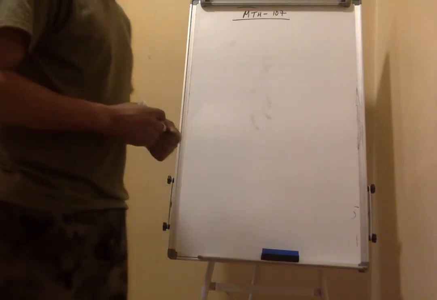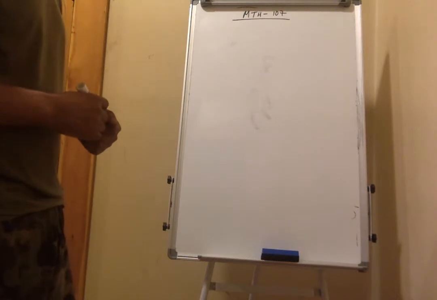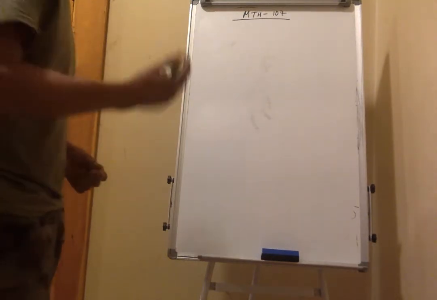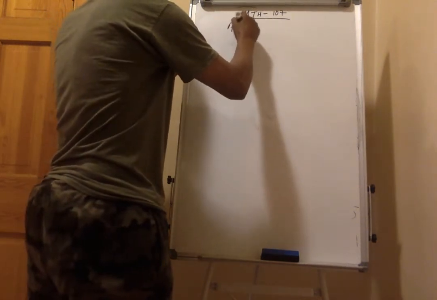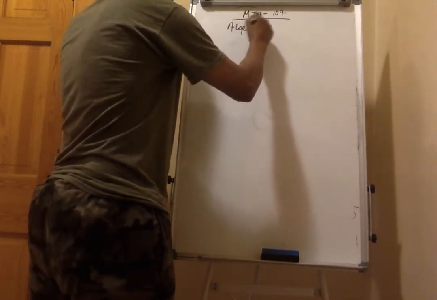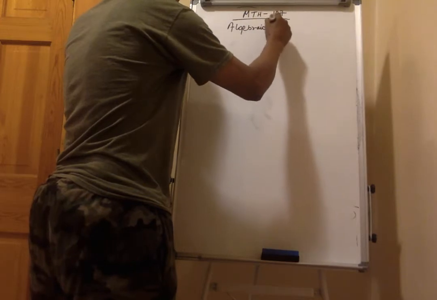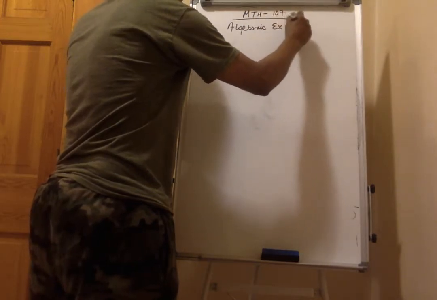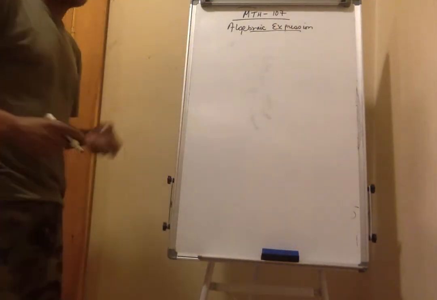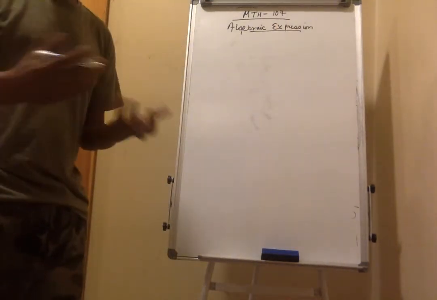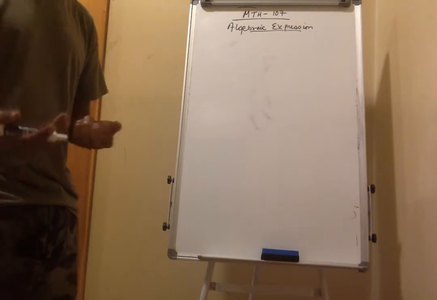Okay, so the first thing that we need to look at so you can refresh your memory is algebraic expression. When you see this algebraic expression, it means what? A combination of numbers and variables.